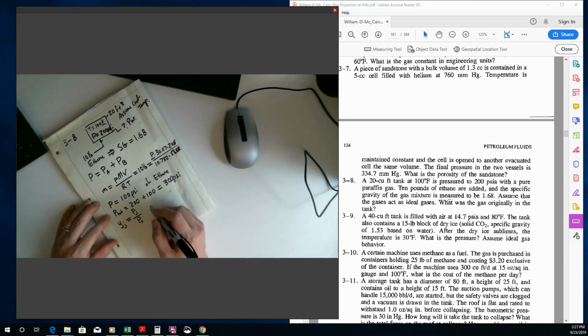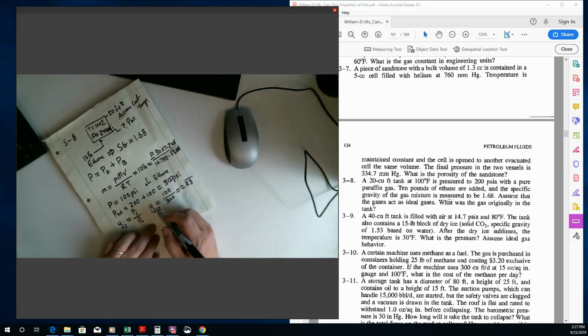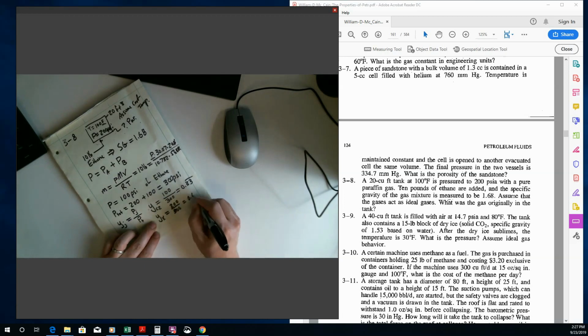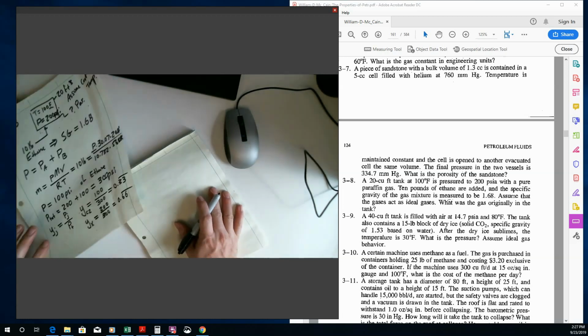So the partial pressure of the ethane that we just did is 100 divided by 300, and that's equal to 0.33. And because things have to add up to 1, our unknown component is 200 over 300, which is equal to 0.66.